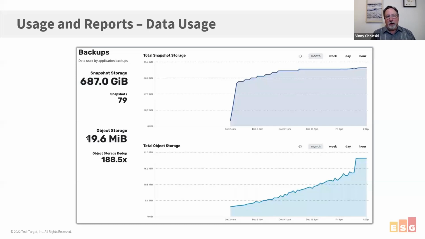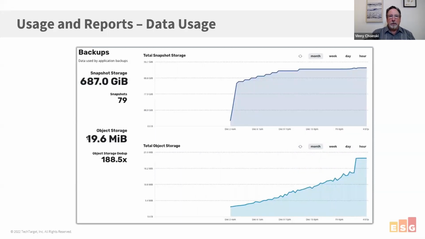Having this at a glance and allowing the administrator to look in on a regular basis, you get an idea of what's happening in your environment, so you're used to seeing normal trends. For anomalies from a ransomware or any kind of malware attack, you would see a spike in this. So we put this in the report to let folks know what kind of visibility they have into utilization and object and snapshot trends.